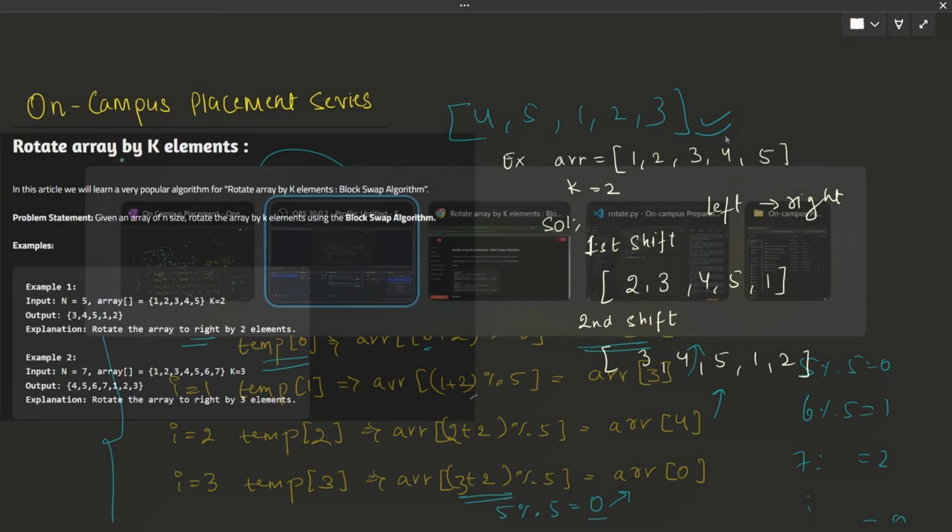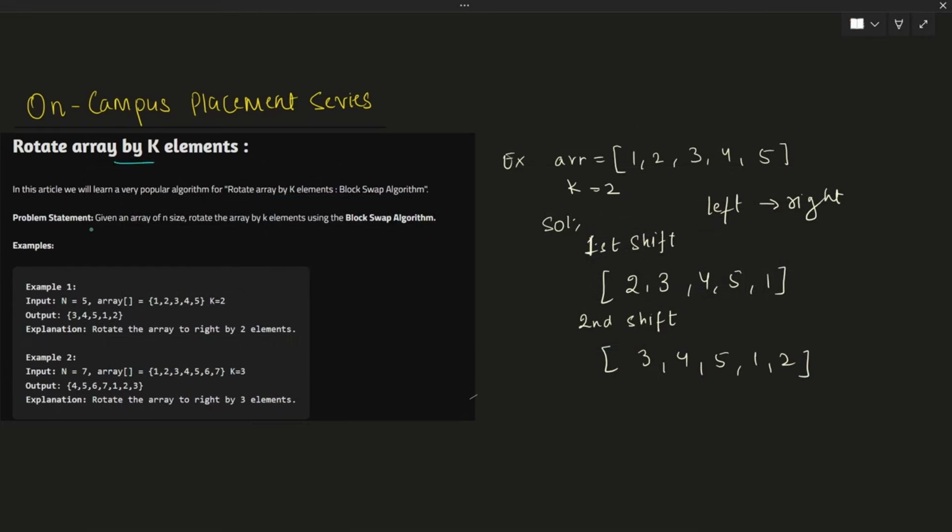The problem is to rotate an array by k elements. It is a small problem statement, but I will take you directly to the problem. We have been given an array, and a k which is given as 2.